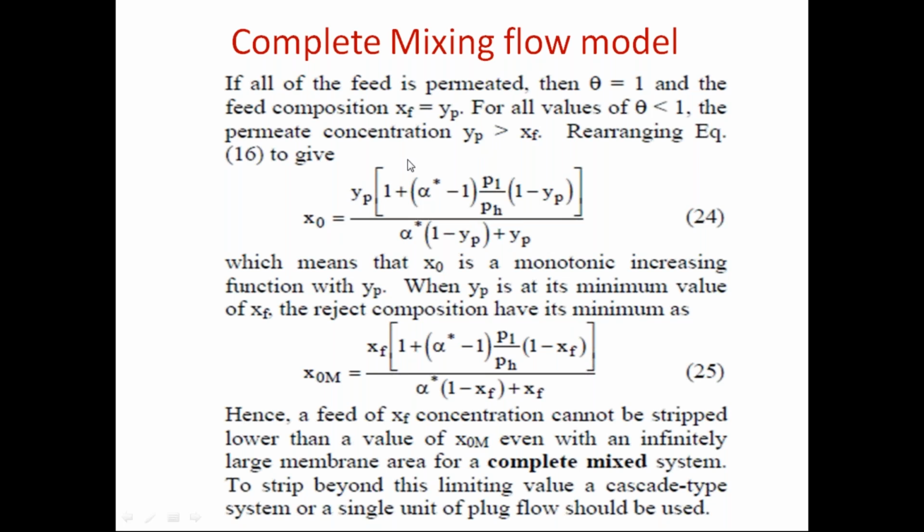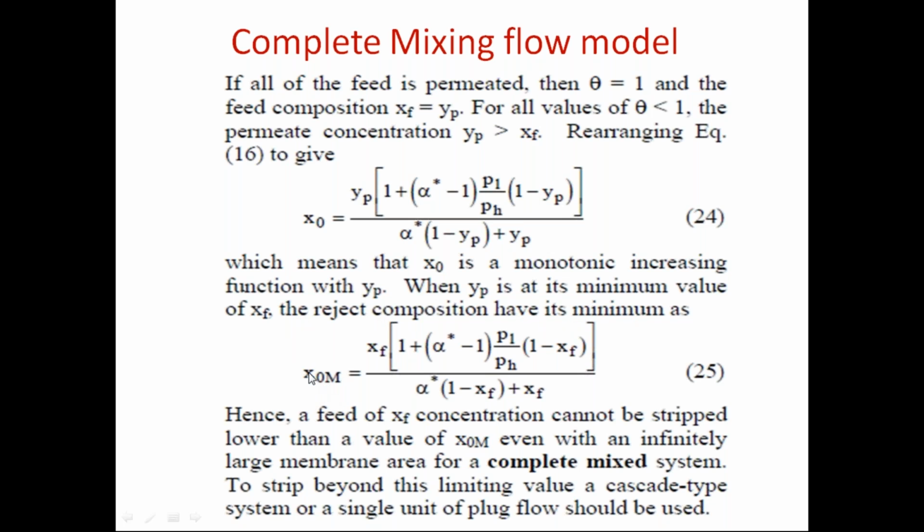So X0 is a function of YP. When you make this one, you can see that if YP is increasing, keeping all other parameters constant, maybe system parameter or operating condition parameter, then X0 is a function of YP. When YP is at its minimum value of XF, because the minimum possible is YP equal to XF, then you can substitute in place of YP the XF value, that is the feed composition, then the minimum reject composition is estimated.